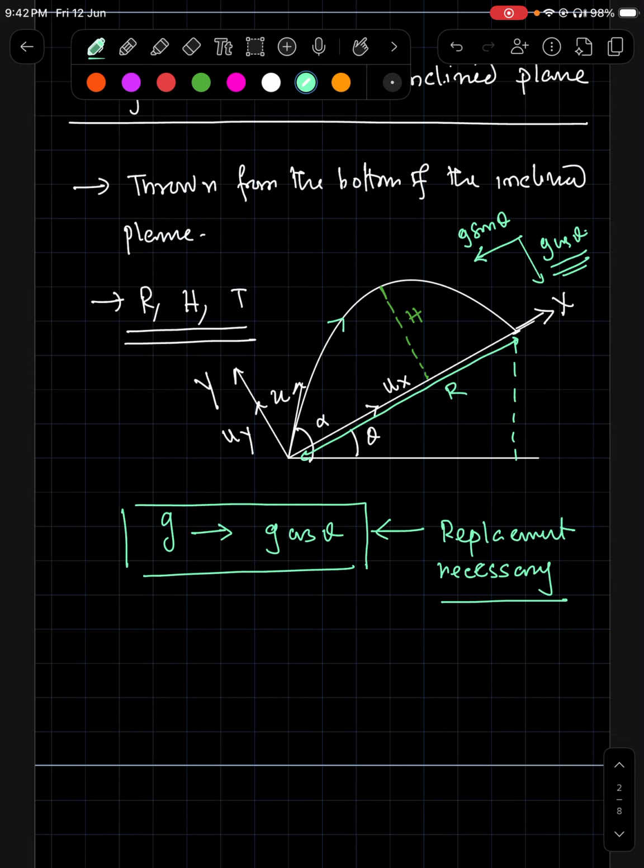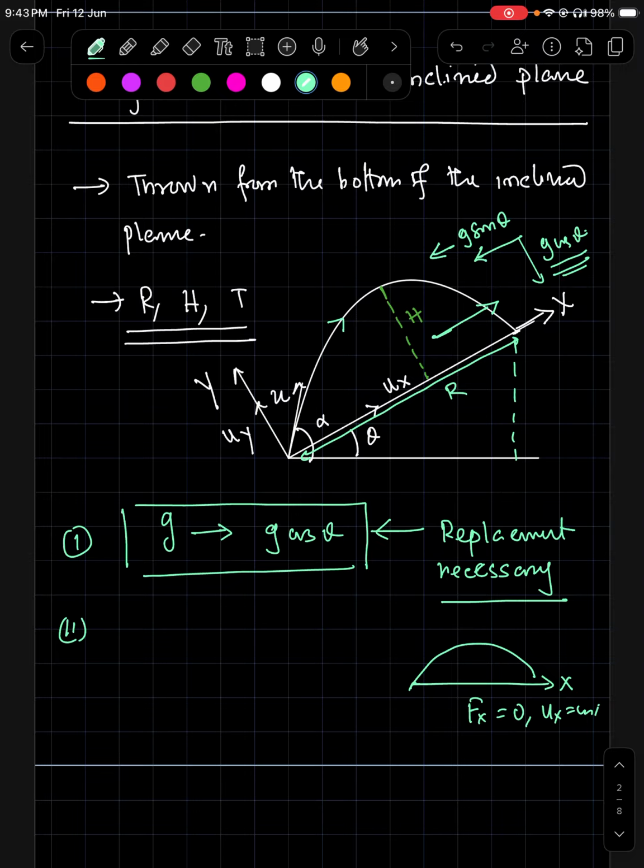One more striking difference is, initially when the projectile was thrown, along the x-axis there was no force, Fx was zero, so ux was constant. But here that cannot happen, because along the x-axis a retardation is acting, that is g sin theta, which acts opposite to the x-axis.